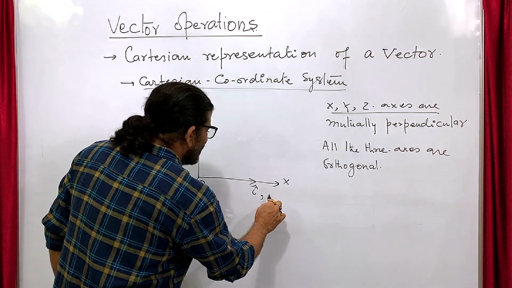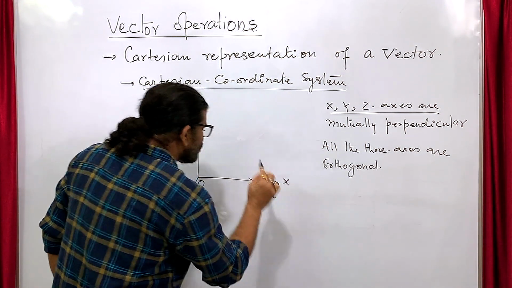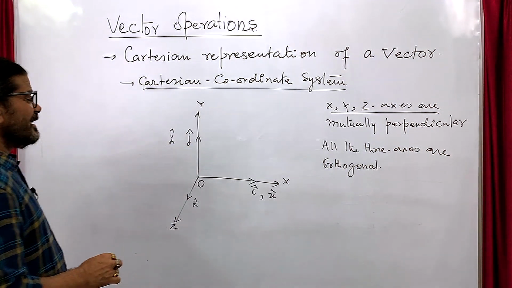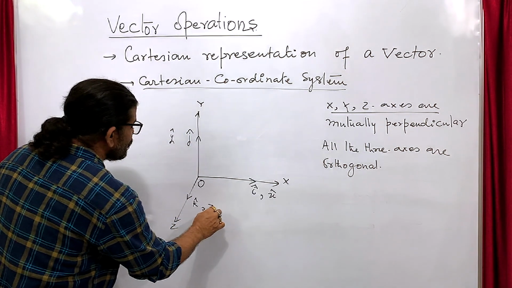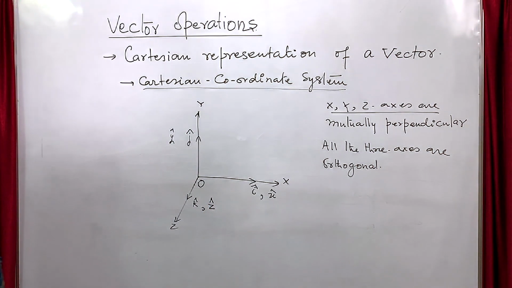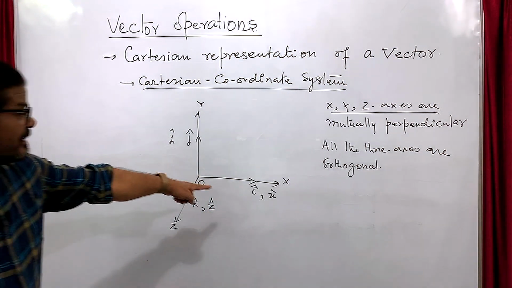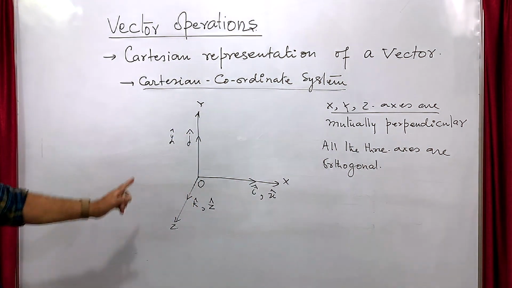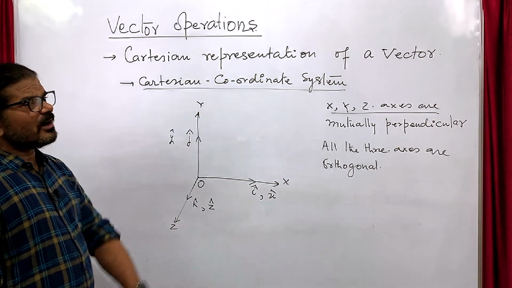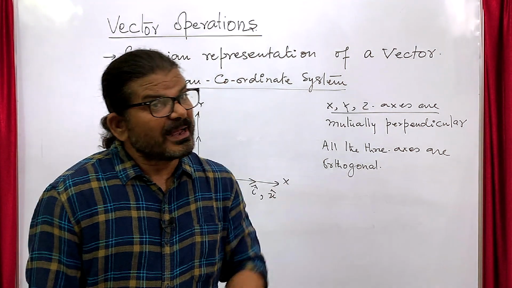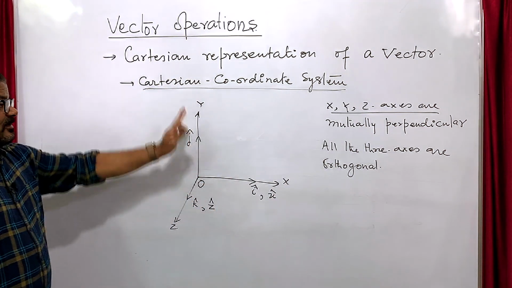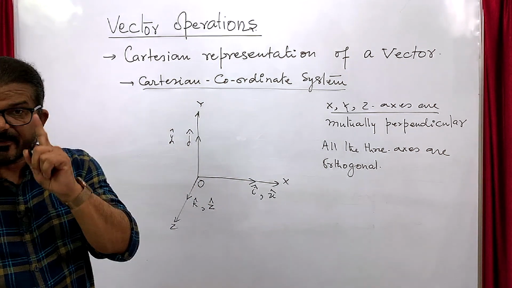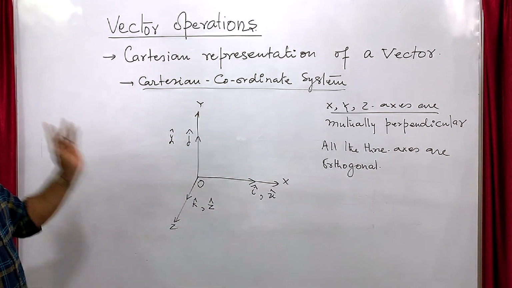In modern notation they are also denoted by x cap, y cap, and z cap. This has symbolical importance. Yes, i, j, k are unit vectors along the respective axes. You have seen i, j, k, or x cap, y cap, and z cap.